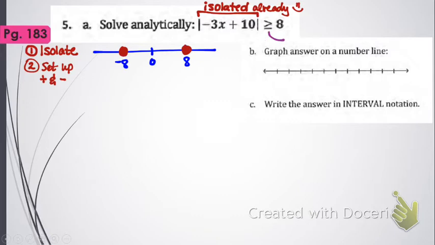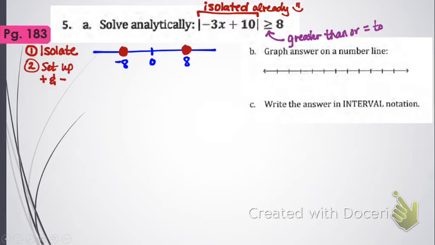This symbol is what here? Greater than. This is a greater than or equal to. Greater than means more than, bigger than. So I want to take more than 8 steps away from 0 now.